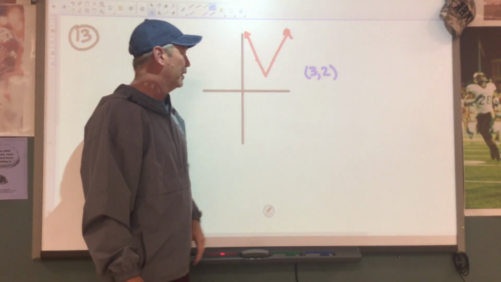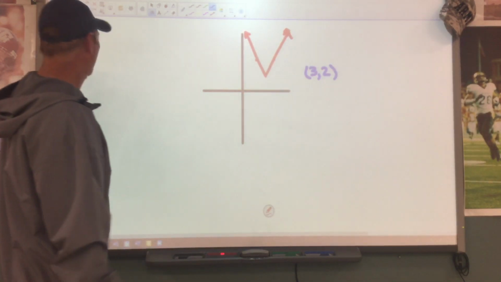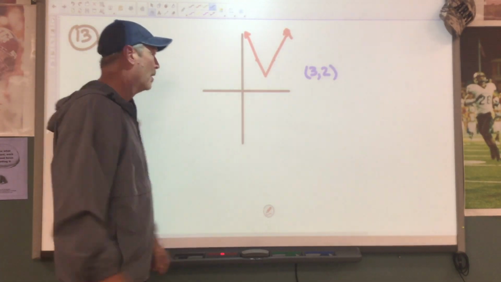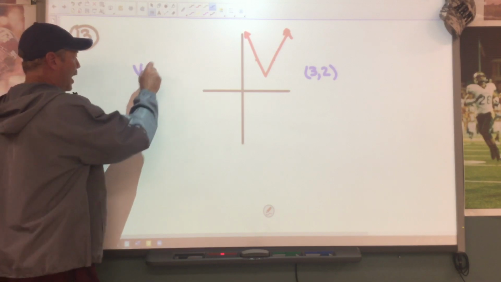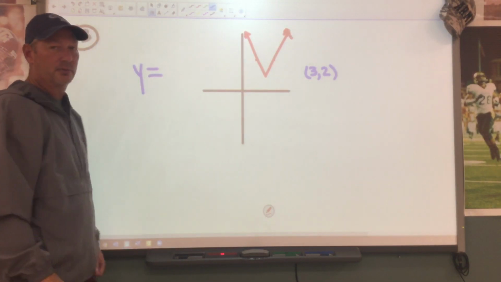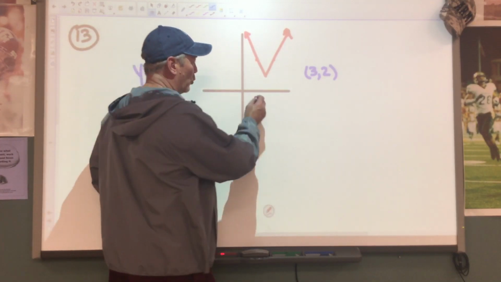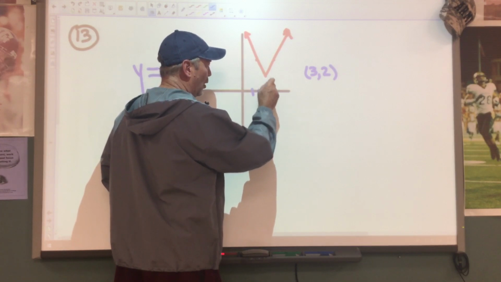They're going to ask me, we're going to have to write the equation. Okay? This is number 13. They're going to ask me to write the equation for this graph. Okay? Looking at this, I know my equation is going to start y equals. But it says that I went to the right 3 and up 2. I went 1, 2, 3, 1, 2.